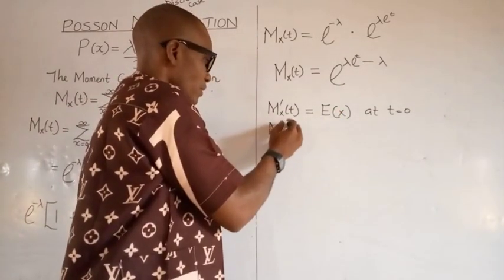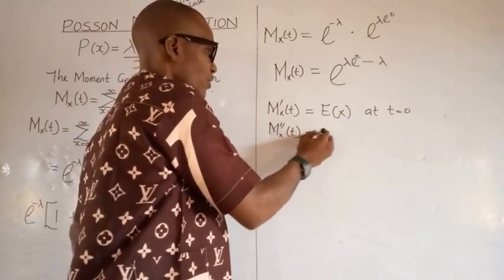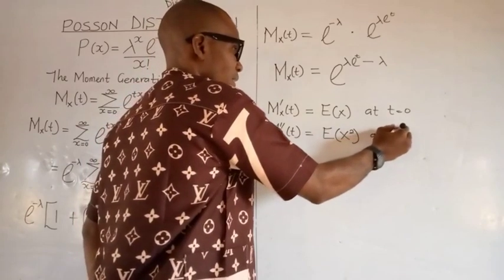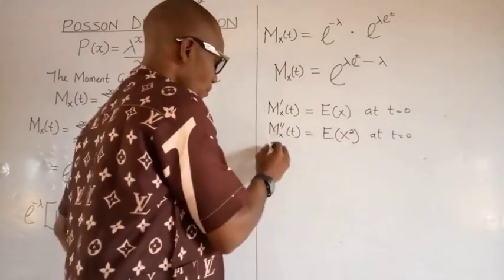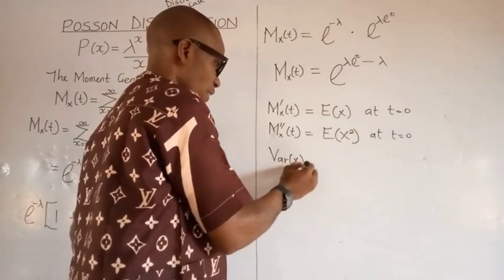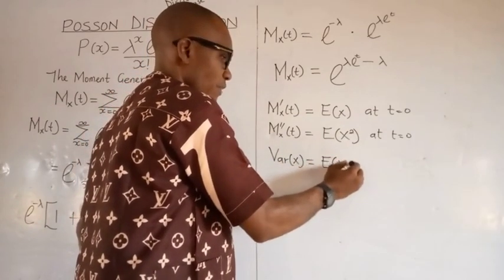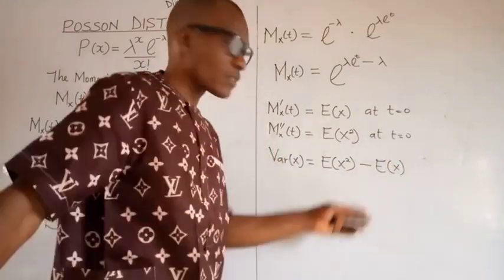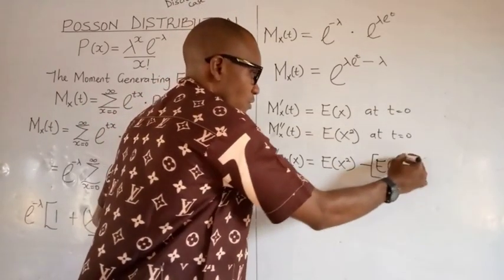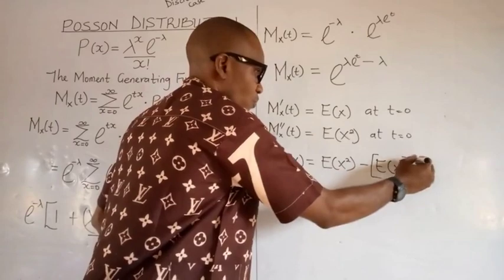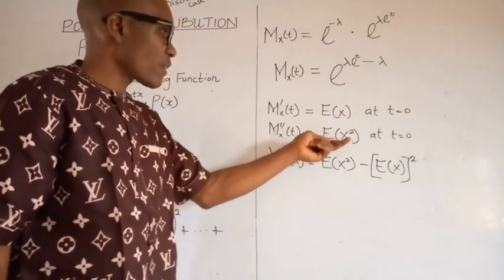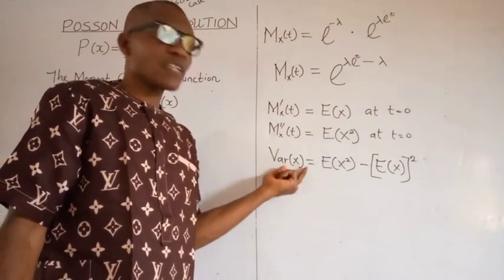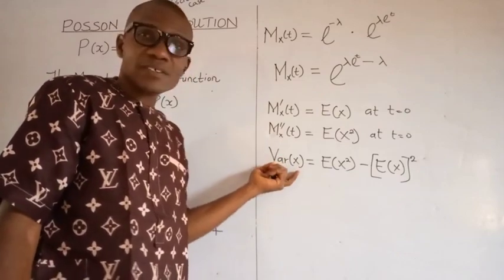While the second moment, or the second differential, which is equal to the expected value of x squared at t equal to 0, will enable us to look for the variance of x, which is equal to the expected value of x squared minus the expected value of x, all squared. So if we look for the expected value of x squared and the expected value of x, we now impute them into this variance of x. We can now get our variance.